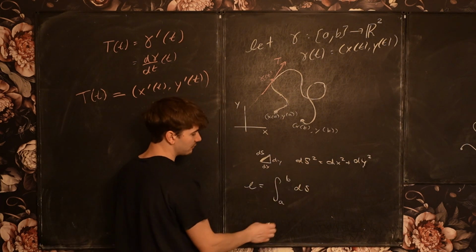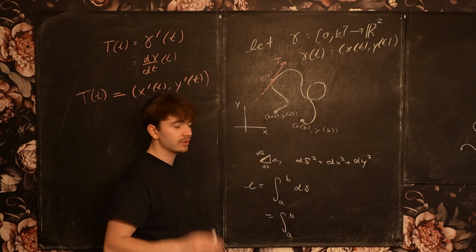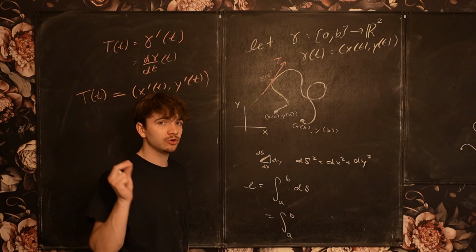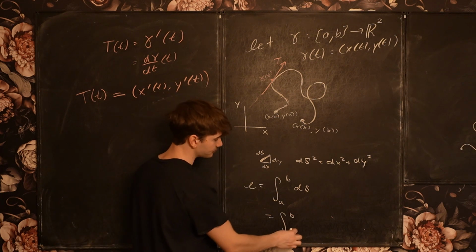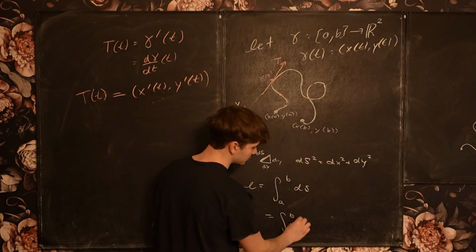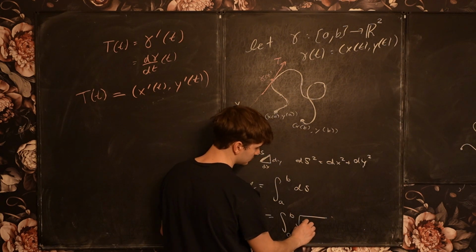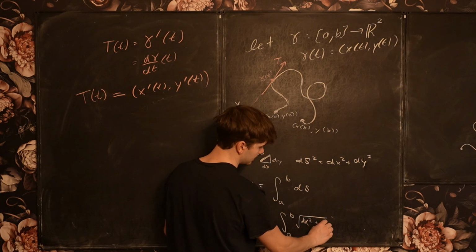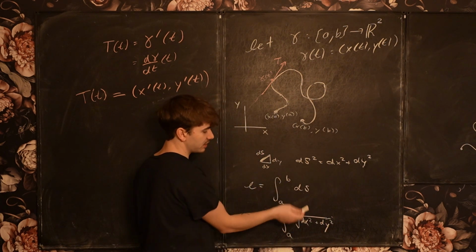And then by our formula for ds, the Pythagorean formula, which again is a structure that we impose on the plane called a Euclidean metric or Riemannian metric, this is just the square root of dx squared plus dy squared, okay? So that's just taking the square root of this expression here.